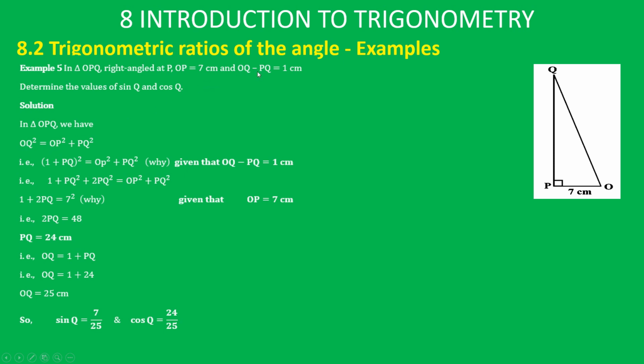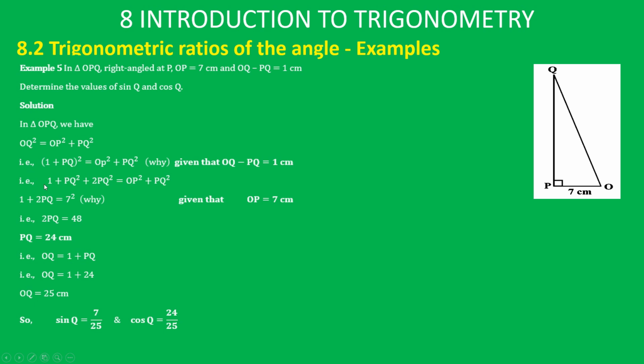From this equation, you can write OQ is equal to 1 plus PQ. See, we have substituted 1 plus PQ whole square on the left hand side. On the right hand side, keep OP square and PQ square. Why? The reason being, given that OQ minus PQ is equal to 1 centimeter.